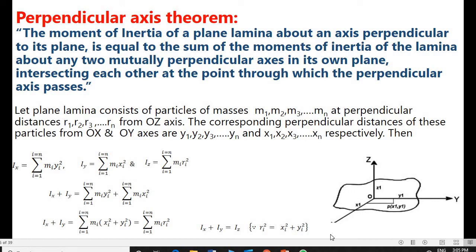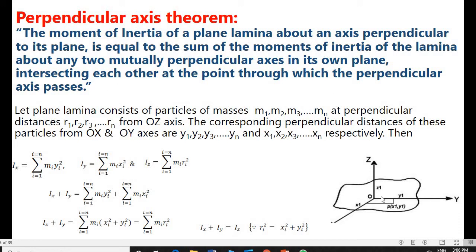That is, one is OX, the other is OY. These are the two perpendicular axes which are in the plane of the lamina. These two are perpendicular to each other, intersecting each other at the point through which the perpendicular axis passes.